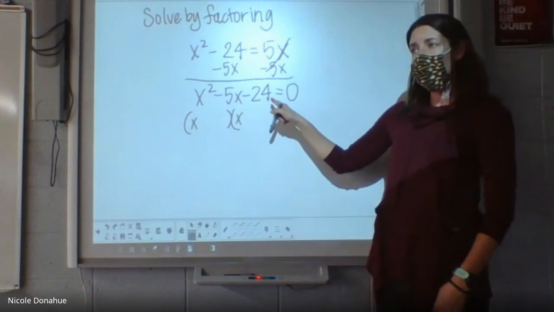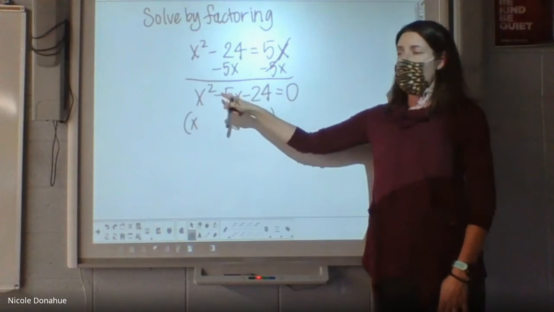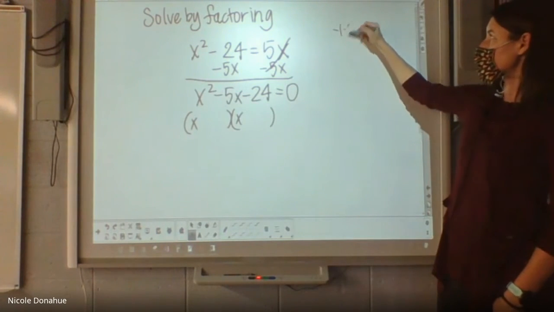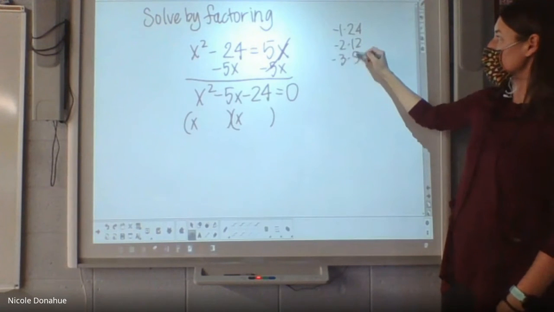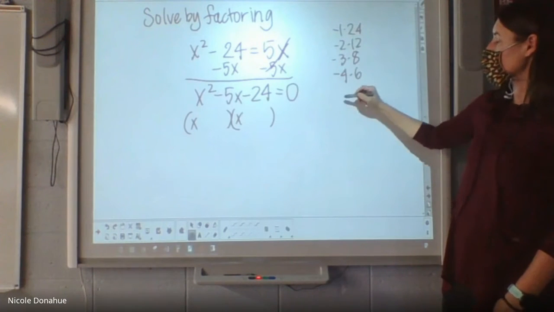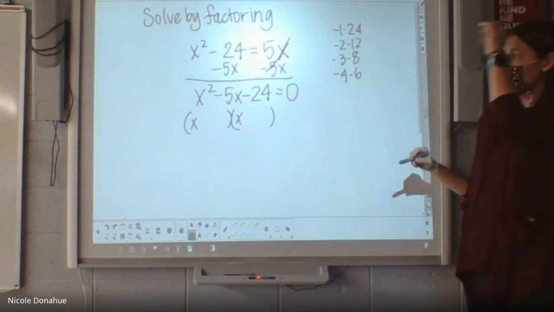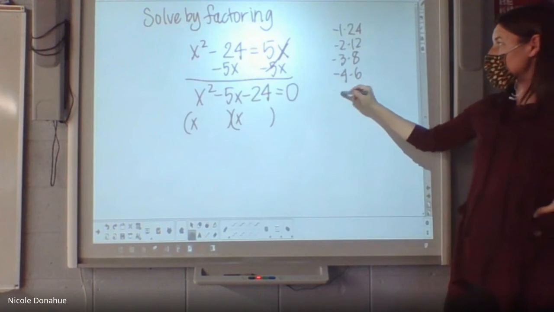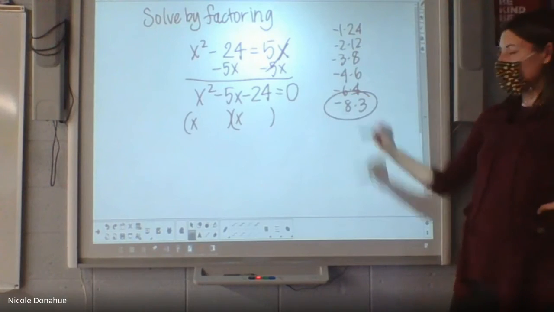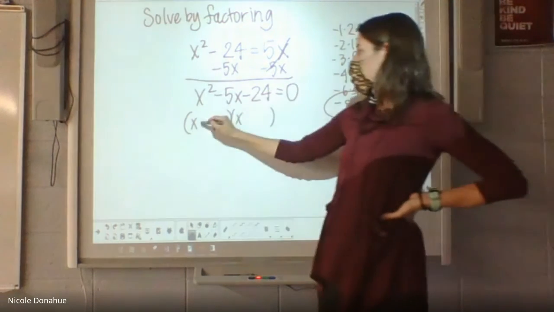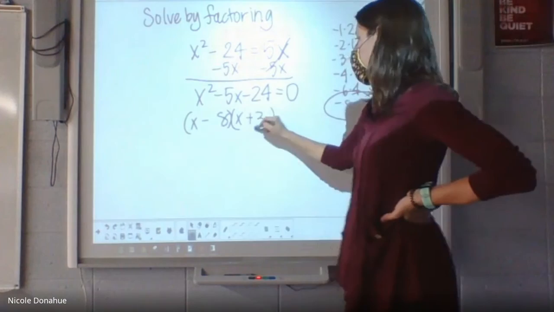I want to multiply to negative 24, but add to negative 5. So I make my list. And then I want it to be a negative 5, so I have to flip these signs. And so -8 and +3 is what adds to give me a -5.